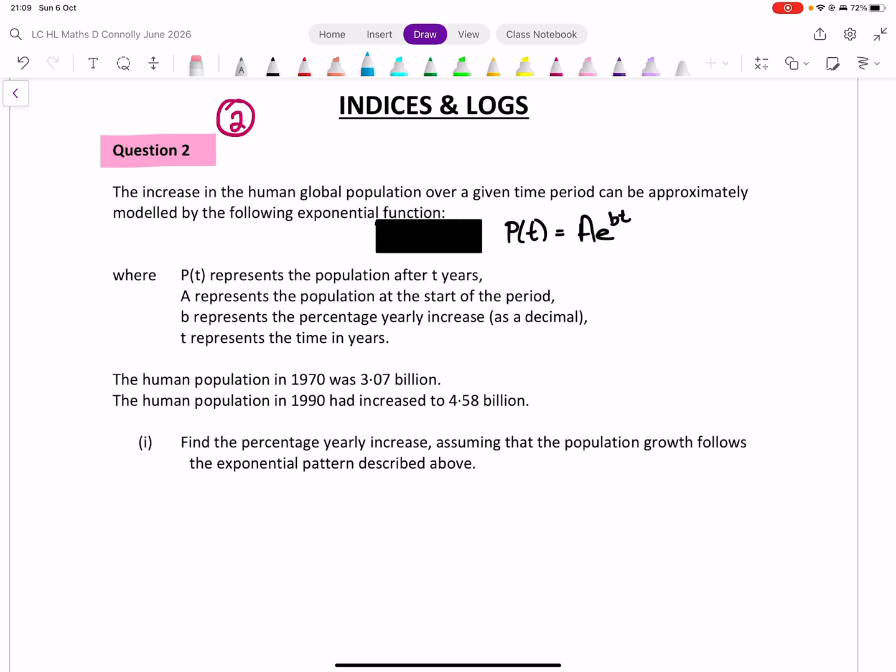The human population in 1970 is 3.07 billion. The human population in 1990 had increased to 4.5 billion. Find the percentage yearly increase, assuming that the population growth follows the exponential pattern.